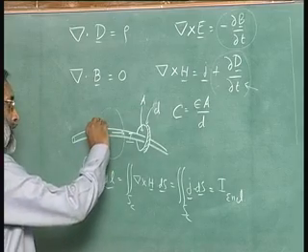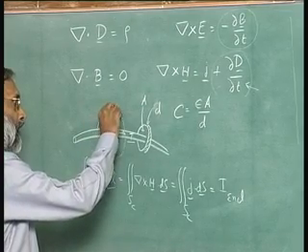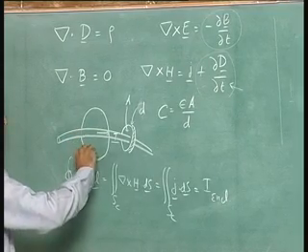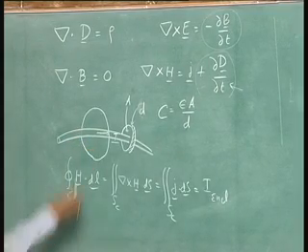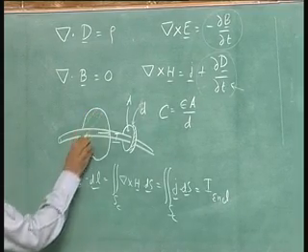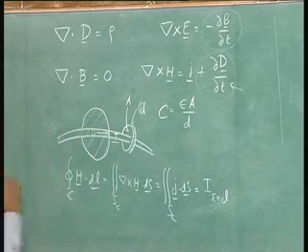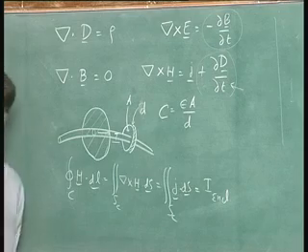So, now I have this loop, drawing it dark just to emphasize. Now, I can connect this loop by a surface that intersects the wire. That is how I got I enclosed.